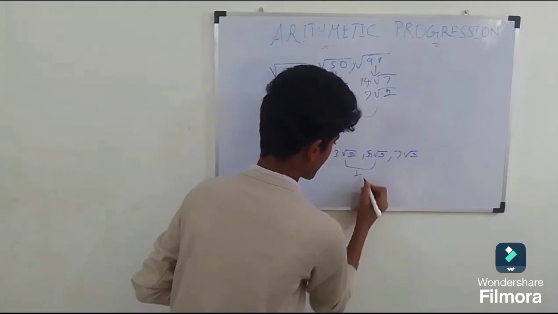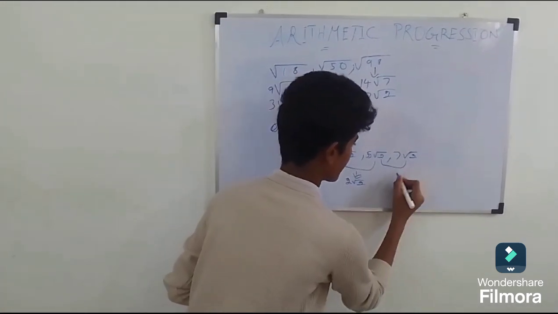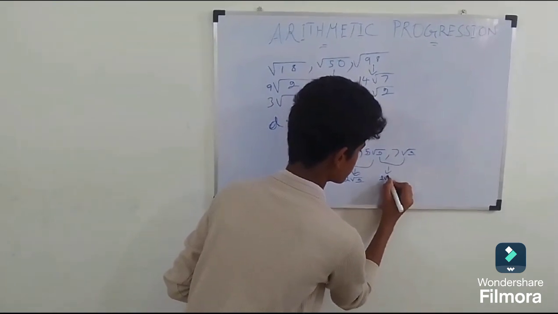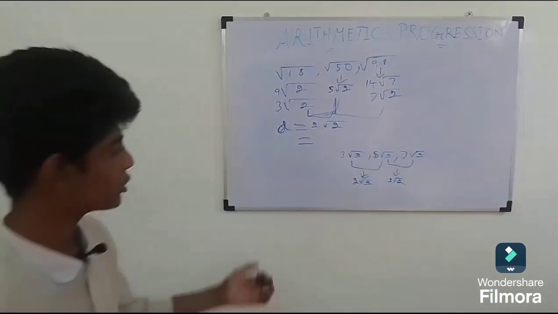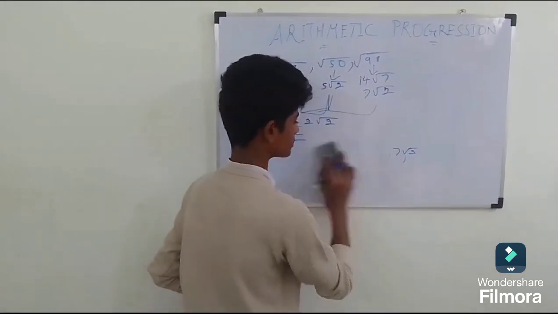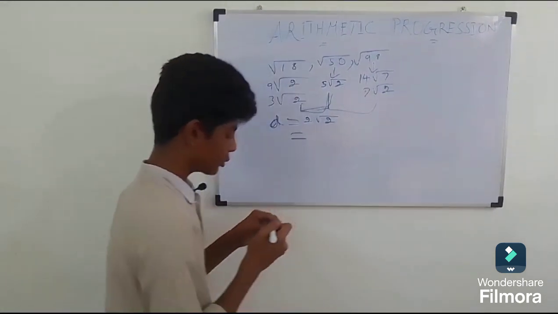If you subtract 5 minus 3, you get 2, which is 2 root 2. If you subtract 7 minus 5, you get 2, which is 2 root 2. So when you subtract, you get 2. That's why 2 root 2 is the common difference in this sum.